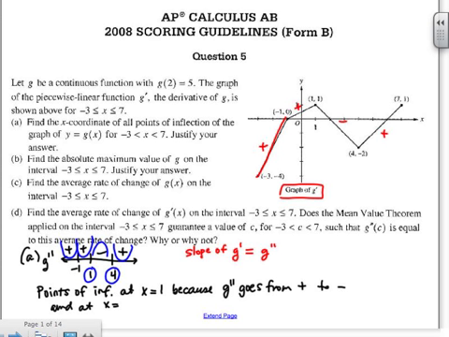And at x equals 4 because g double prime goes from negative to positive. You could also say switches sign.